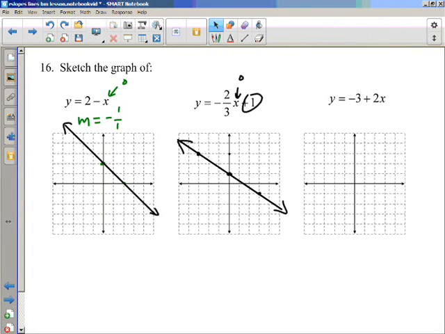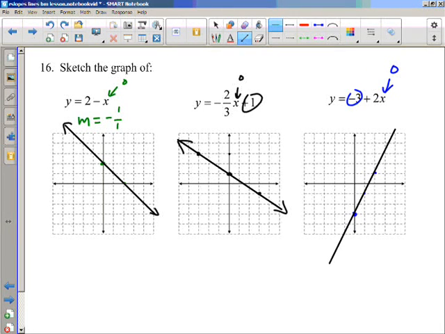And finally, the value of y when x is 0 is -3. So I plot the point -3, move up 2, right 1, up 2, and right 1. Connect these dots. And there's our graph.